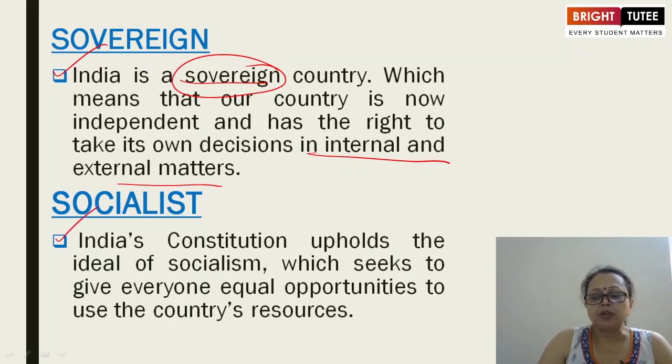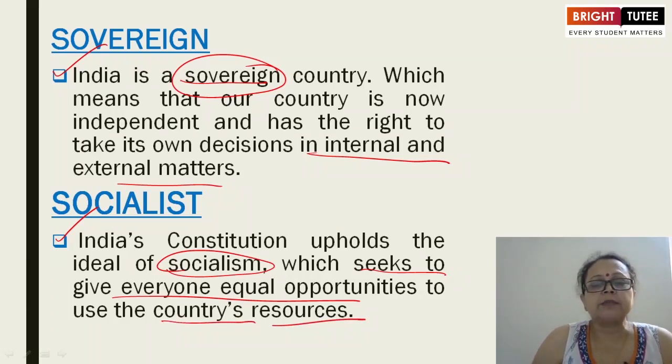Next, it comes to socialist. Socialist means India's constitution upholds the ideal of socialism. This is the socialism which seeks to give everyone equal opportunities to use the country's resources without any discrimination.